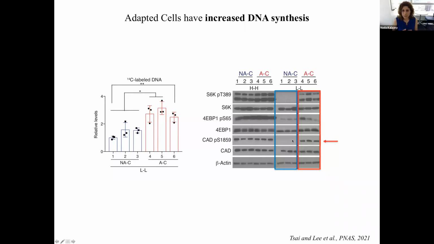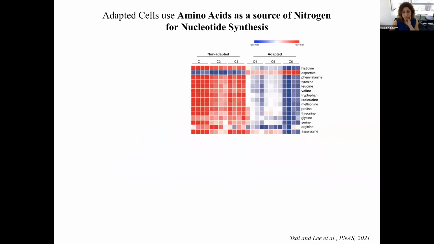So now we know that these adapted cells have sustained active mTORC1 signaling, and that they have increased pyrimidine synthesis, DNA synthesis, and an alteration in their amino acid metabolism, leading to decreased levels as compared to the non-adapted clones under low conditions. Okay, so again, showing the signaling.